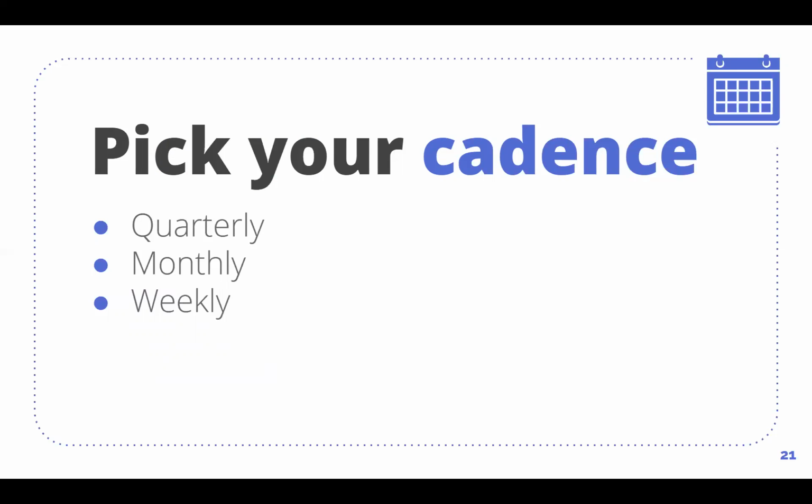Maybe you love to write, you've got time and you've got a routine that would allow you to do weekly. Maybe you don't. Maybe monthly would be the right fit for you. And then maybe you're just super busy and quarterly is the most suited to your schedule and your lifestyle. You have to figure out the cadence that would work for you. And then once you do, set that cadence and stick to it.